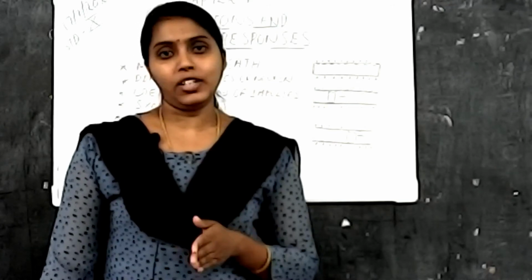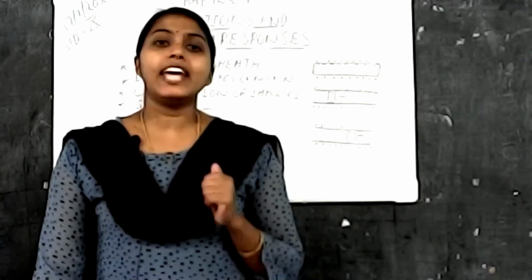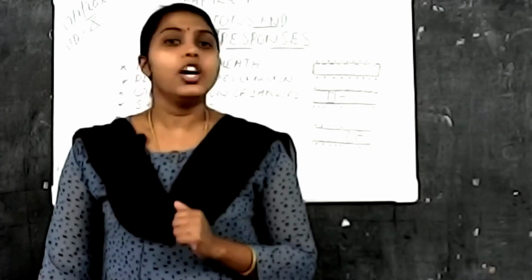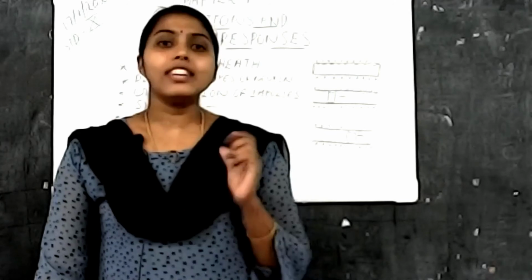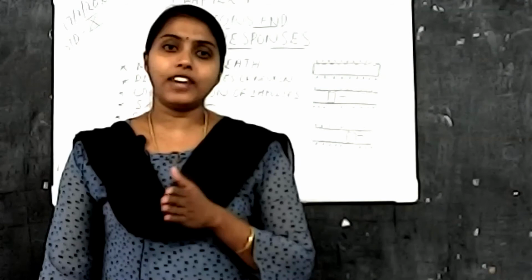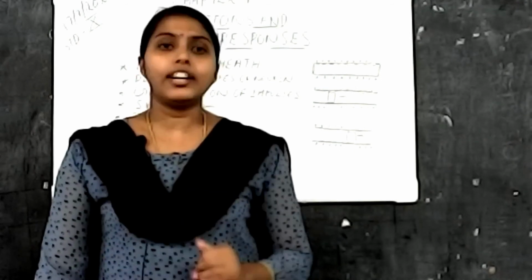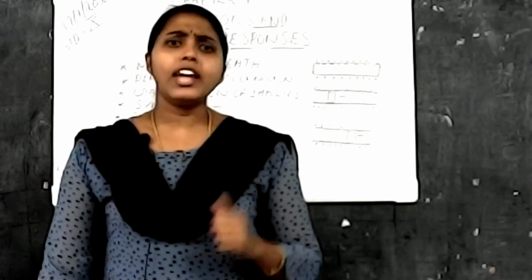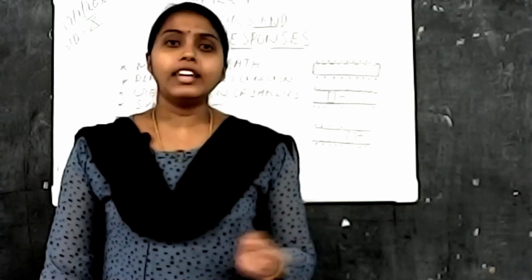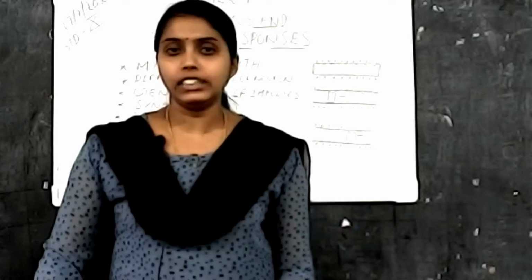From the synaptic knob, the tip secretes a chemical substance known as neurotransmitter. This neurotransmitter stimulates the adjacent dendrite of the next neuron. Adjacent means the next neuron. A new impulse is formed there, and the impulses are transmitted to the next neuron. Is it clear for you?